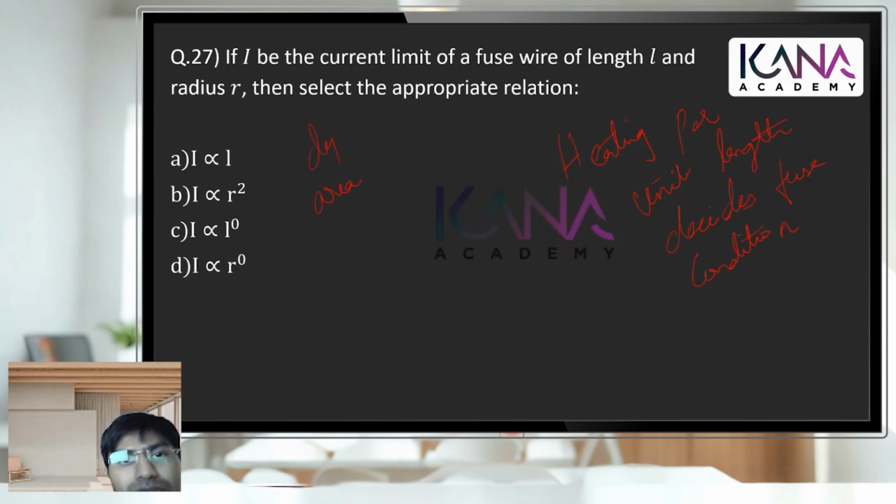It depends on area and not on the length, depends only on the area. Okay, so I is independent of L. So it won't come in the equation. When it is area, it's R square.